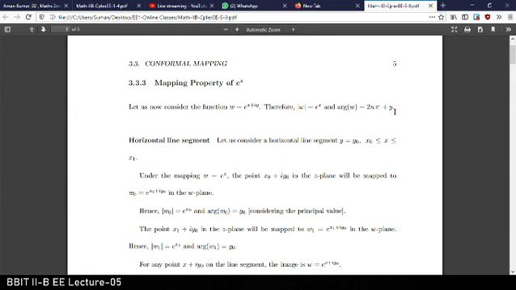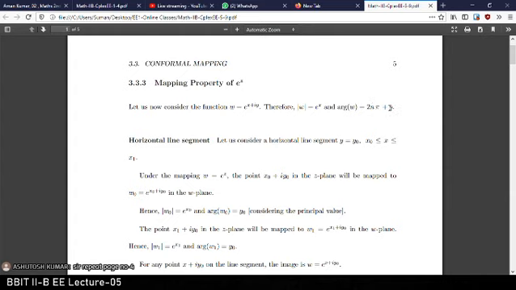Clear? So under this mapping, the modulus of this function W is e to the power x, e to the power real part of z, and argument is 2n pi plus imaginary part of z. I have taken 2n pi because it is general and not principal.